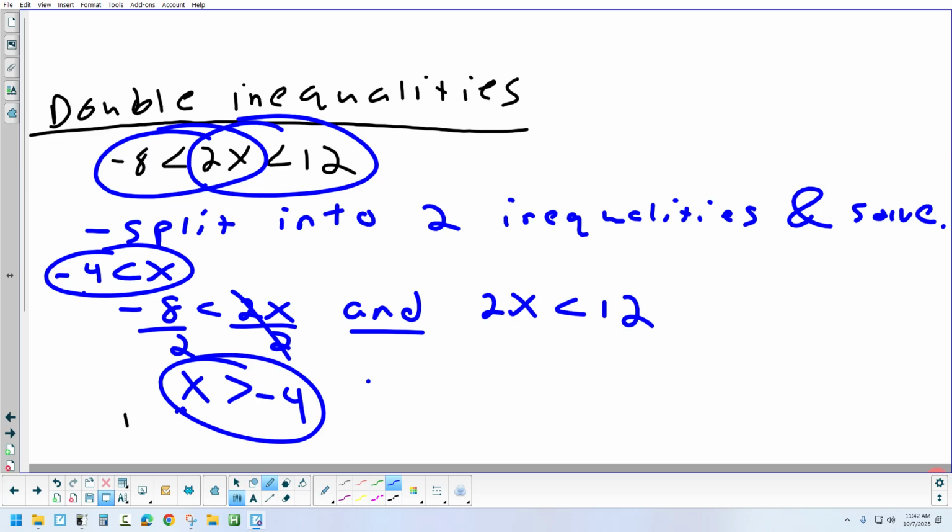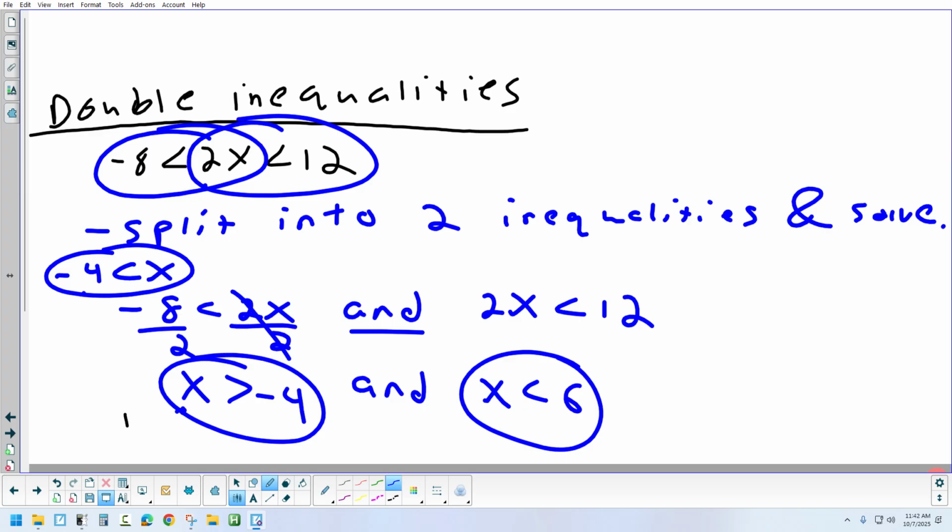So we got that. And x is less than 6. You don't have to recombine that. You could, but it didn't say to. So if you leave your answer as x is greater than -4 and less than 6, that's an acceptable answer.